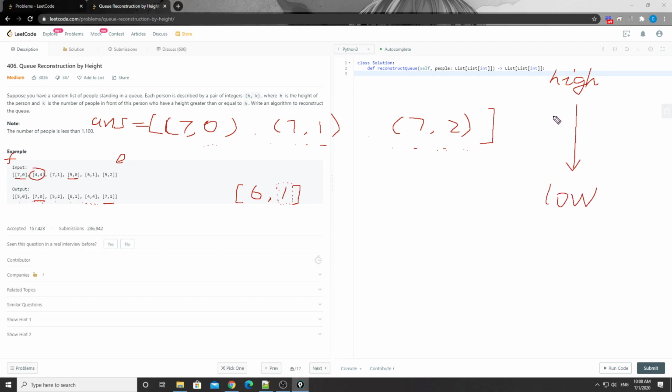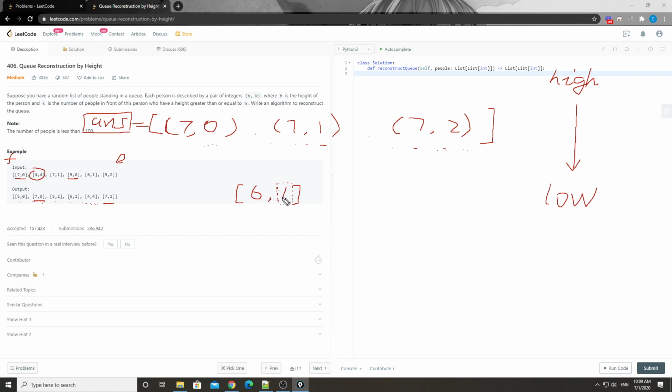If we sort the people in this sequence, then when we process a lower height, we can be sure all the elements we already put in the answer array must be higher than the current height. Then we can make sure this index will be the position our current height needs to be in, because everything is greater than I am. So this satisfies the definition of k here.